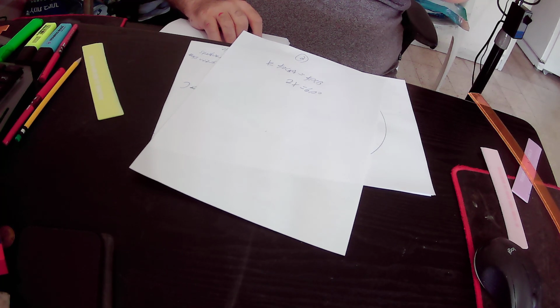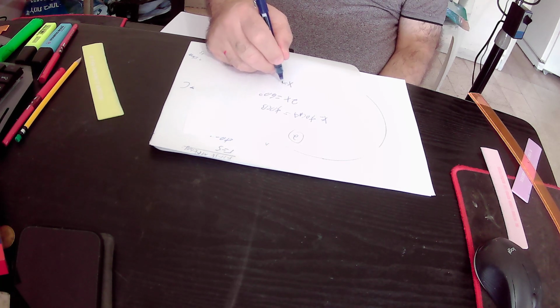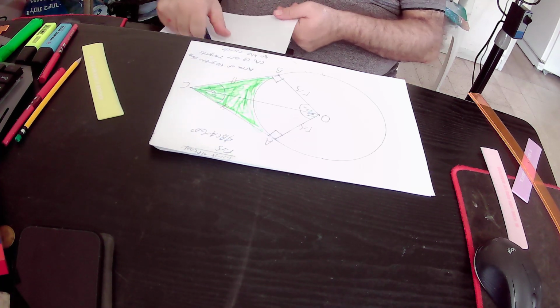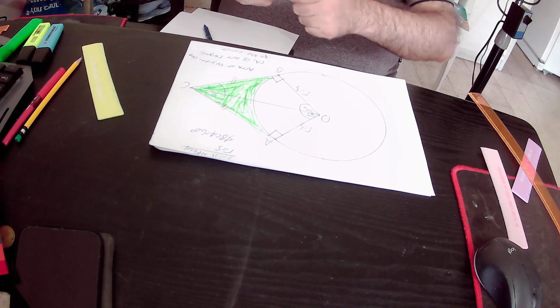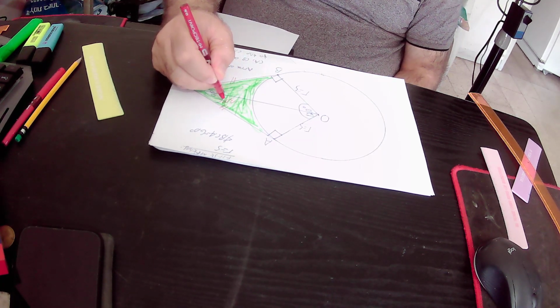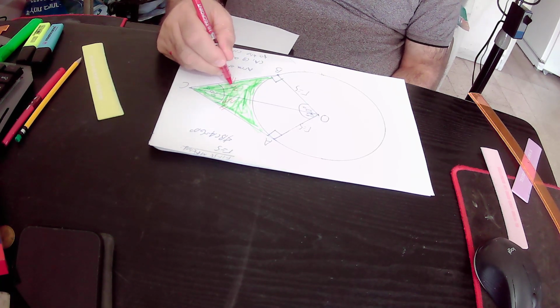We divide this equality by 2, and we get that x equals 30 degrees. So the size of this angle is 30 degrees, and the size of this angle also is 30 degrees.